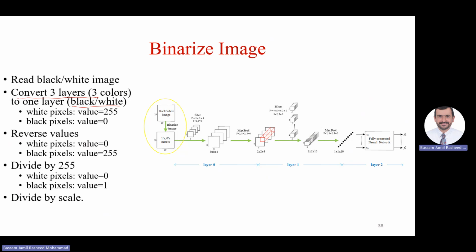At the end, I'm going to binarize the values such that the white pixels will have a value of 0 and the black pixels will have a value of 1. So this is the binarization step that I'm doing right here.